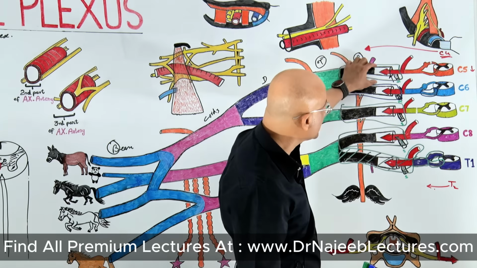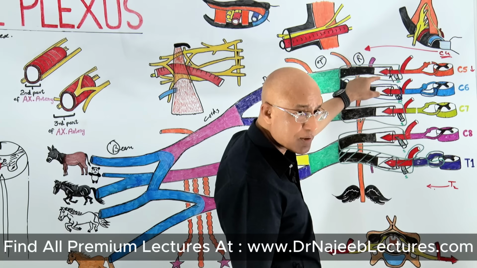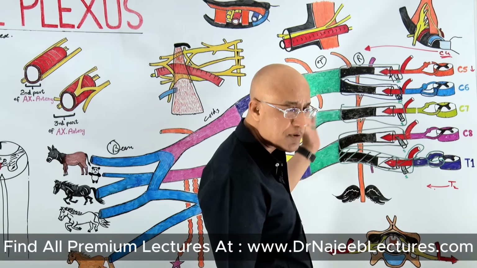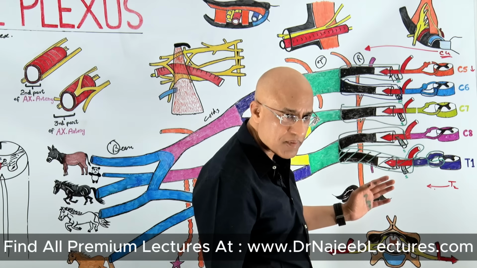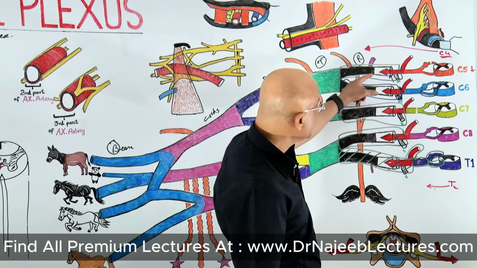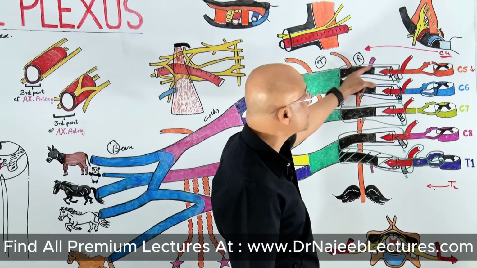This root, number one, has motor fibers in it, which are going to the muscles of the upper limb. Now, they are alpha motor neurons and gamma motor neurons. Then, there are sensory fibers which are also present in this root. And they are moving from the periphery to the center, bringing sensations or information to the central nervous system, right? So, what type of fibers are there? They are somatosensory fibers.